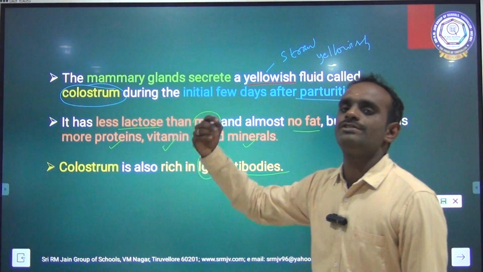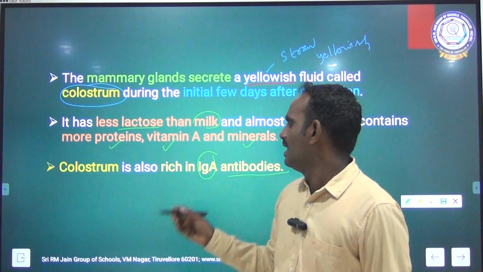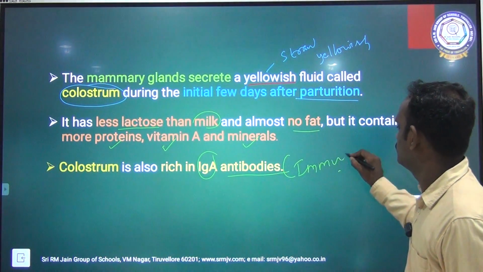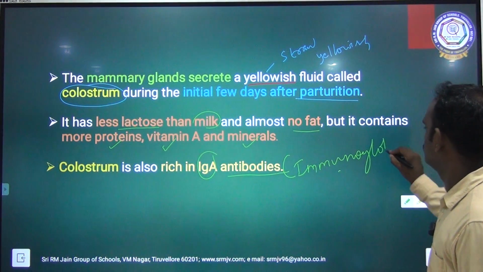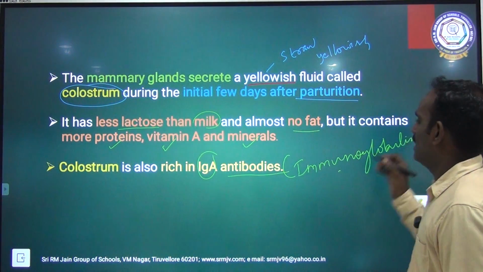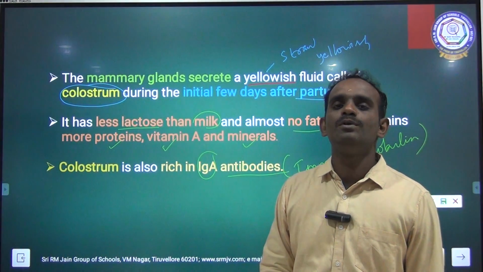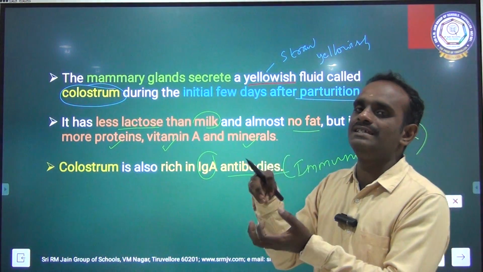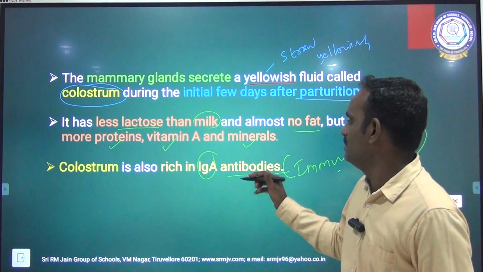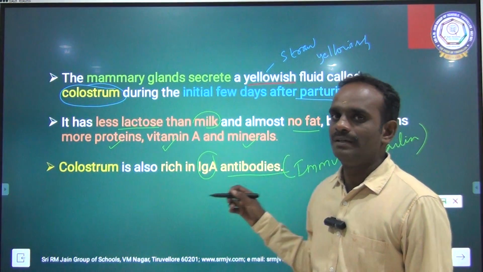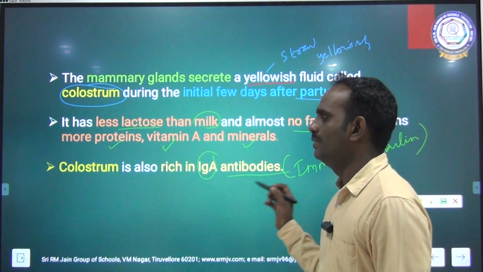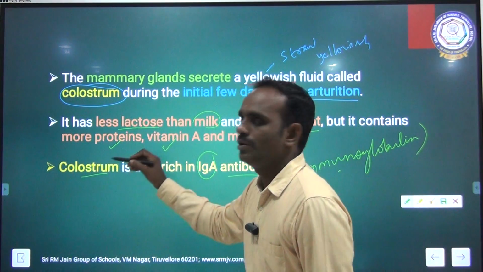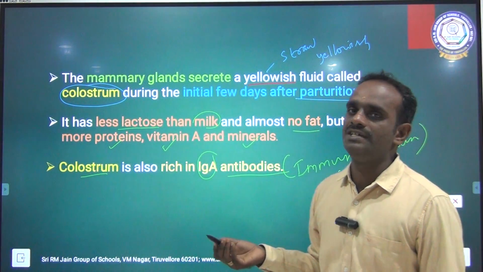Antibody is also called immunoglobulin. This immunoglobulin always fights against the antigen, so it is very important to our body. Clear? This immunoglobulin IgA antibody is present in the colostrum. Clear?